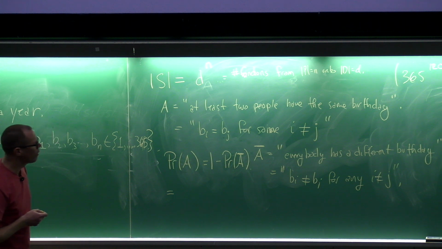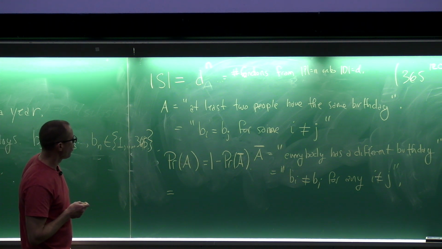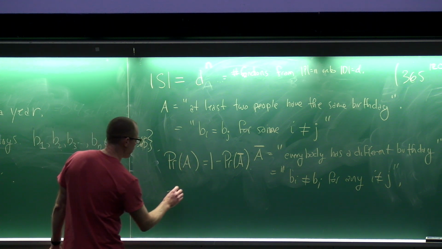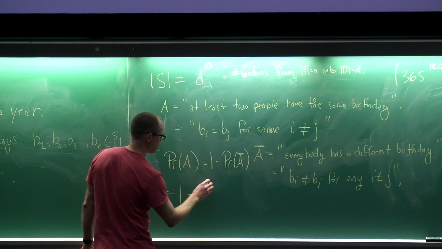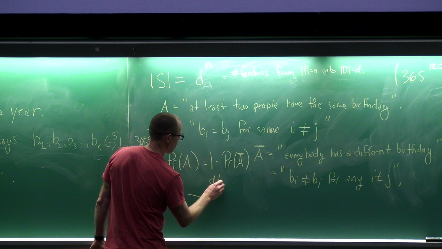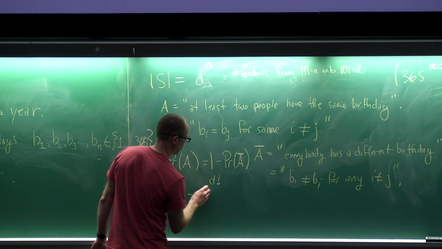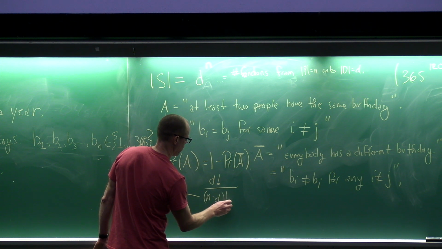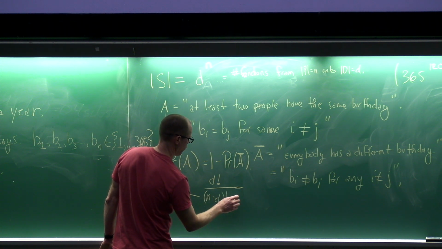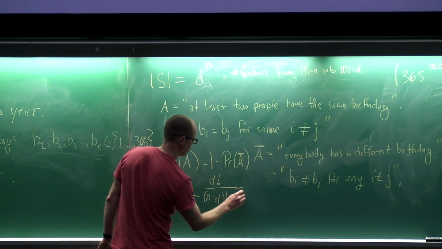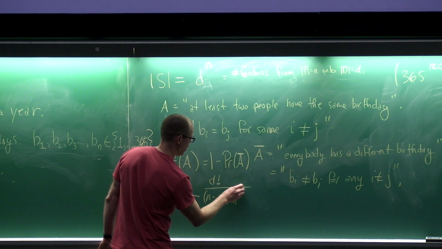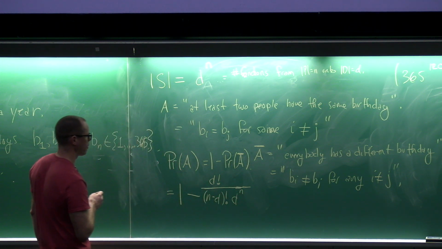So the probability of A, which is at least 2 people have the same birthday, is 1 minus D factorial over D minus N factorial over D to the N. Okay?